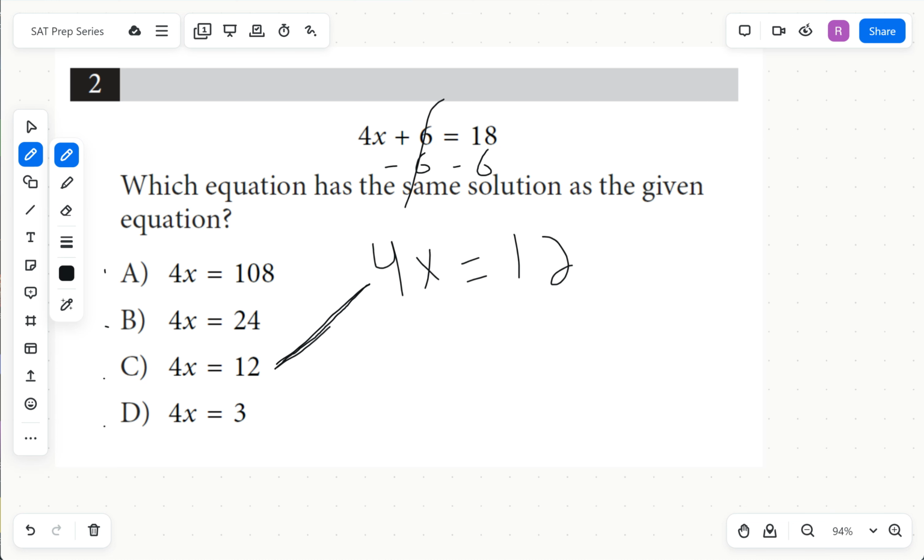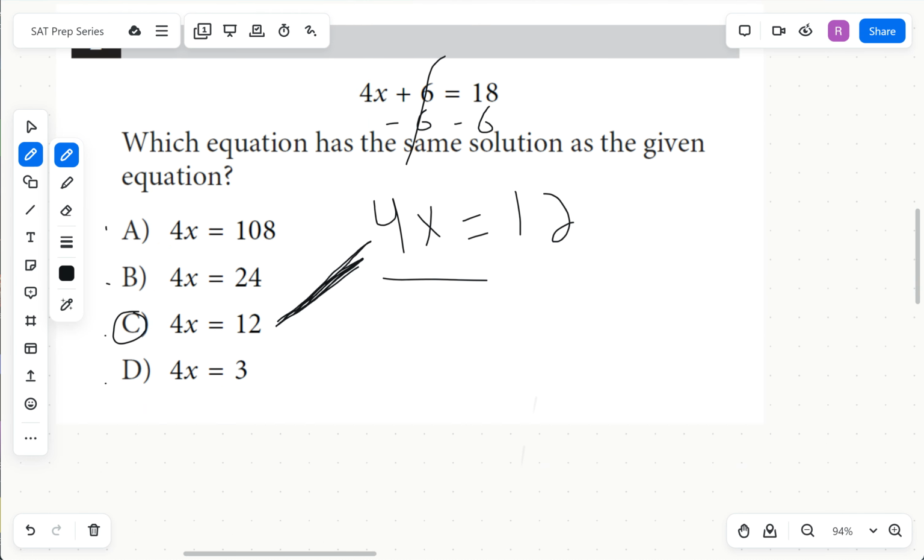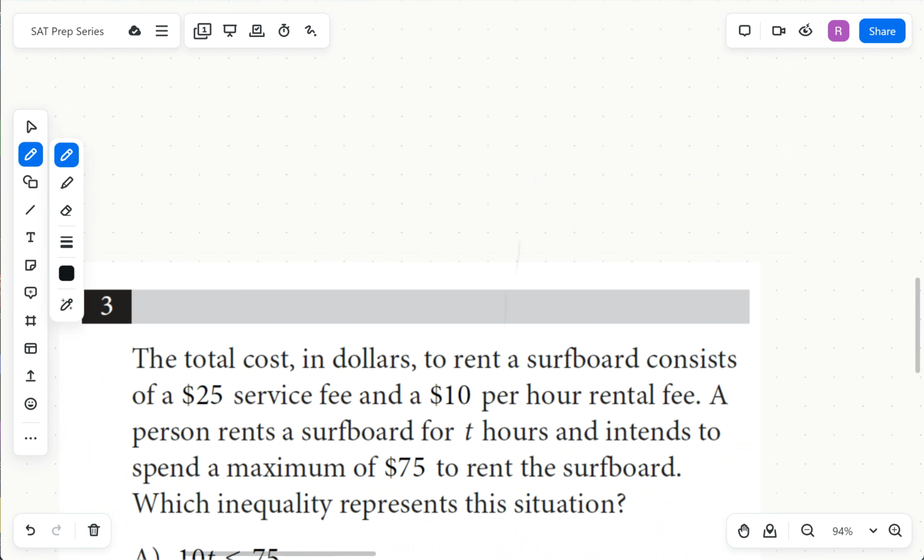So what we can do here is see that one of the intermediate steps in solving the given equation matches one of the equations they give us in the answers. And since answer choice C and this intermediate step are matching equations, they must have matching answers. And so C has to be the correct choice.